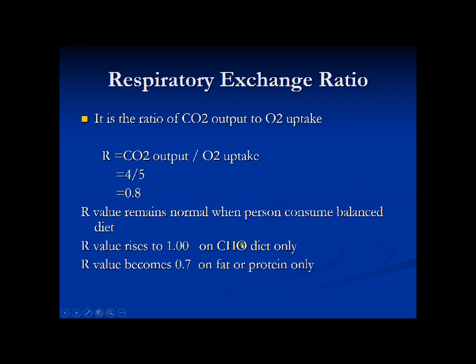Because when oxygen metabolizes carbohydrate, for each oxygen molecule consumed, 1 molecule of carbon dioxide is produced. But in the case of fat or protein metabolism, in place of carbon dioxide, more hydrogen ions are formed, and these hydrogen ions react with the oxygen to form water.